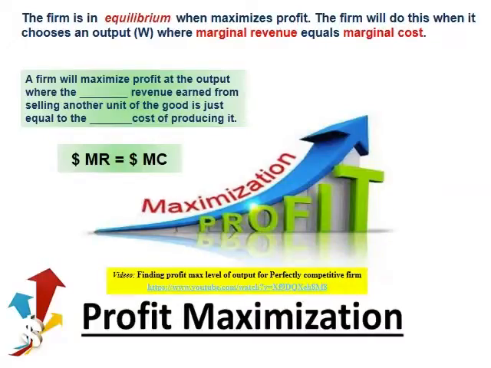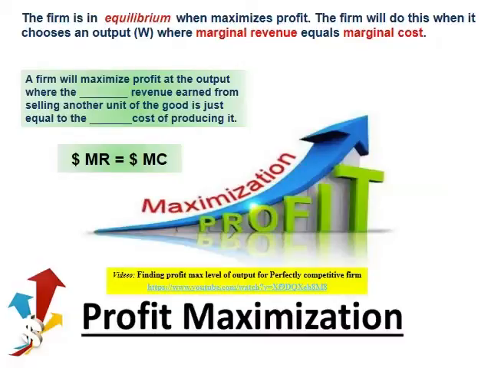Now we're going to look at the very heart of the graph. It's where does a firm reach equilibrium? Well, we know it's aiming to maximize profit because that's where it will be in equilibrium. And a firm will do this when it chooses an output where the marginal revenue equals the marginal cost.